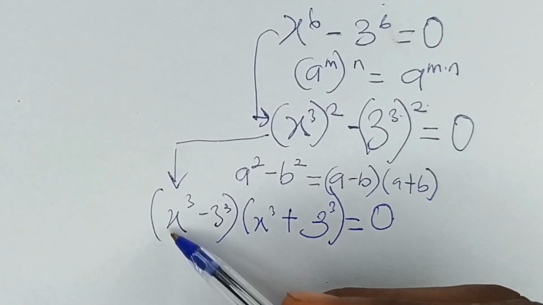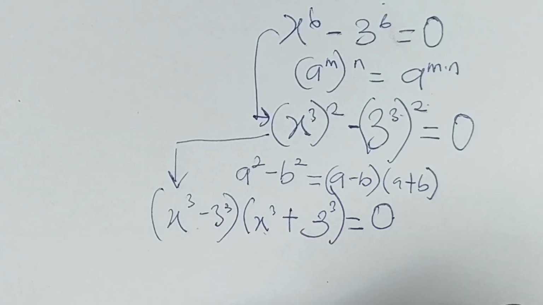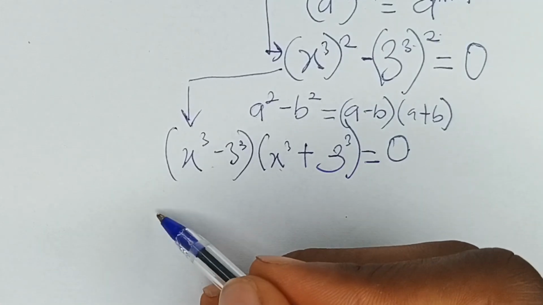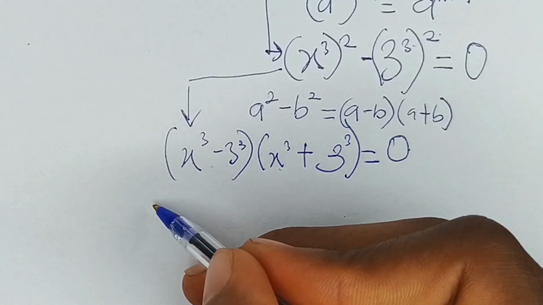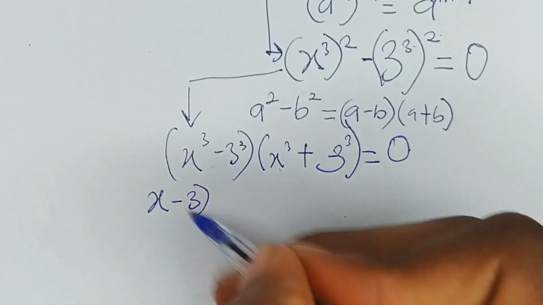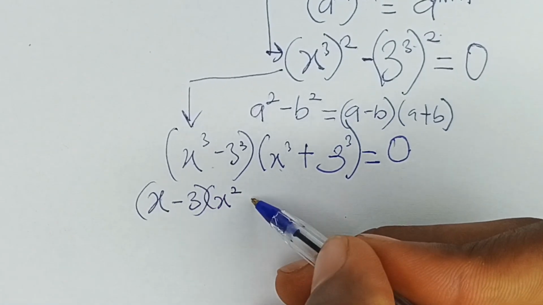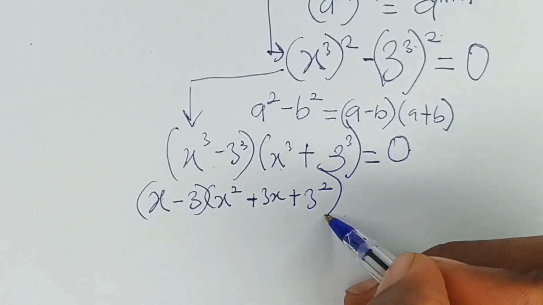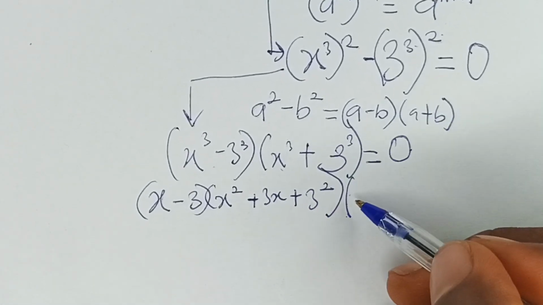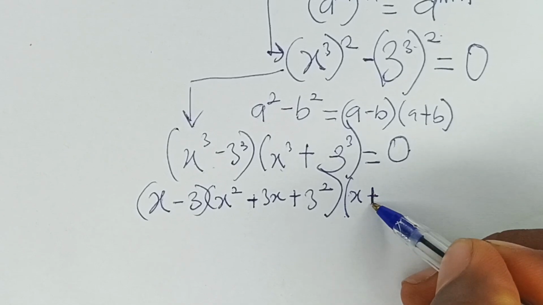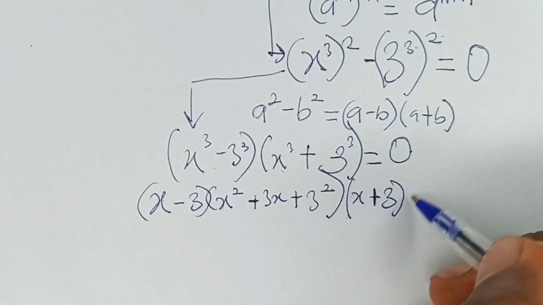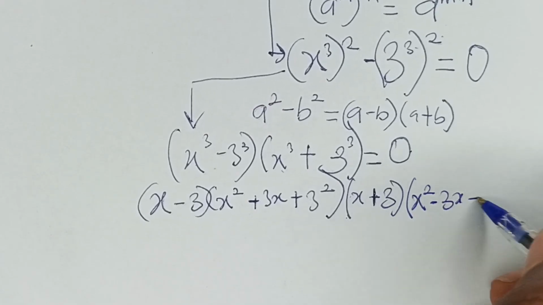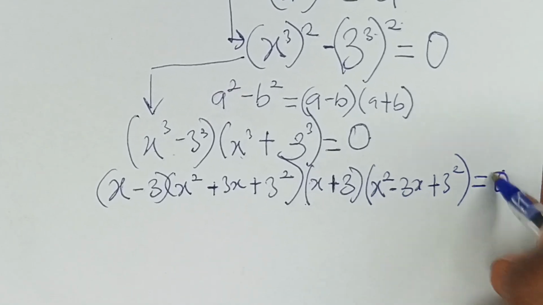Okay, now you have a difference of two cubes and a sum of two cubes. For the difference of two cubes, you're going to follow this step exactly because it's a law. So we have that x cubed minus 3 cubed will be x minus 3 into x squared plus 3x plus 3 squared, multiplied by x cubed plus 3 cubed, which is x plus 3 into x squared minus 3x plus 3 squared, and this is equal to 0.